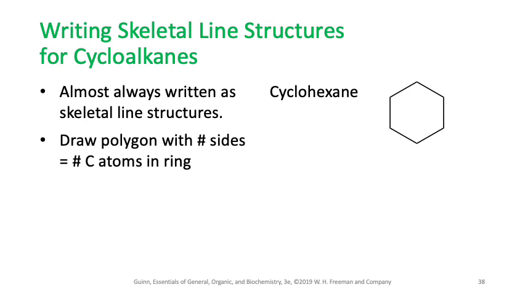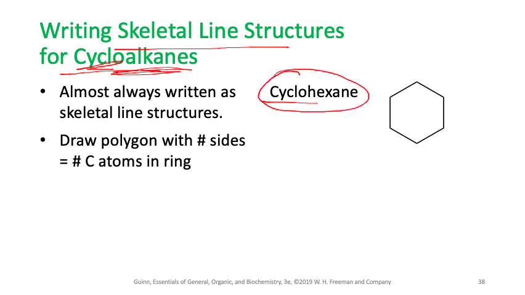Now we're going to try and write the skeleton line structure for cycloalkane. Till now we just learned how to write the skeleton line structure for alkane. Now we're going to learn about the cycloalkane, and we already know what cycloalkane means, the closed ring structure for an alkane molecule. If I say draw a structure for cyclohexane, how are you going to draw a skeleton line structure?